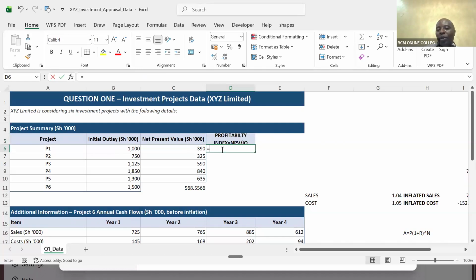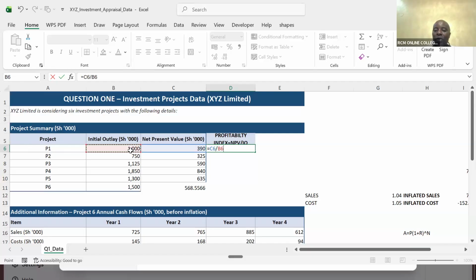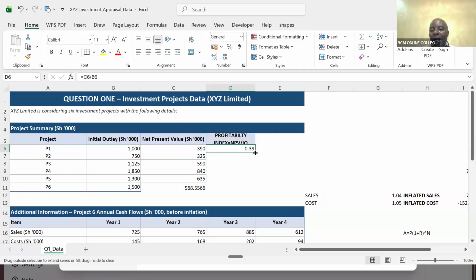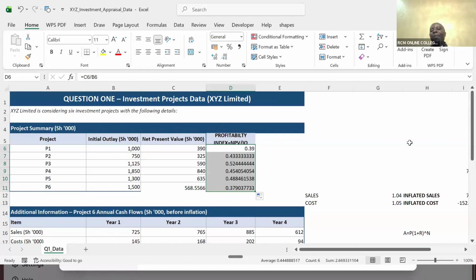So come here and say equals. You're taking this net present value, divided by the initial outlay. Don't lock anything. You simply say Control Enter, and then copy this down, autofill all the way to the very last one. You can cut these decimal places to 4. 4 decimal places is good.